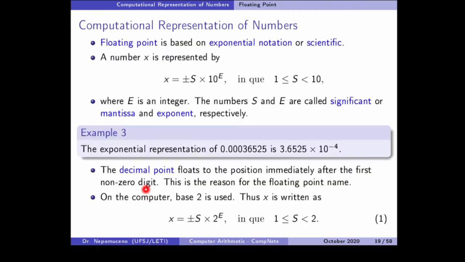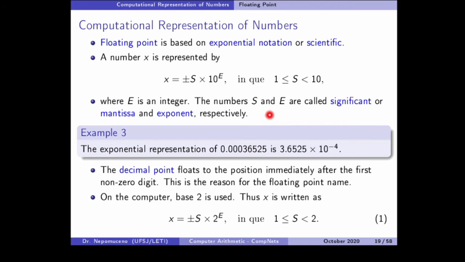Computational representation of numbers. Floating point is based on exponential, or scientific, notation. A number x is represented by x equals plus or minus s times 10 to e, where 1 is lower than or equal to s, which is lower than 10, and e is an integer.